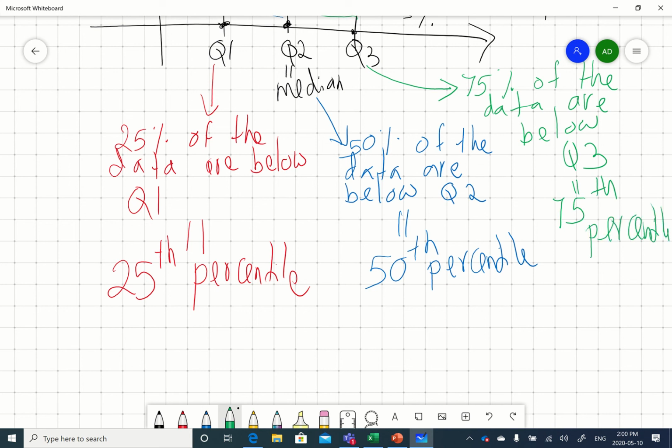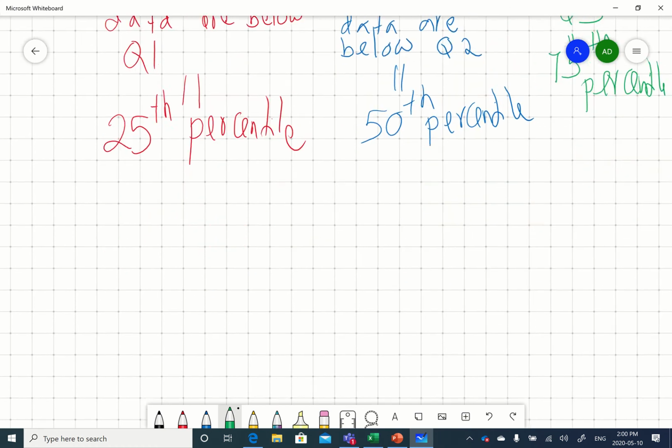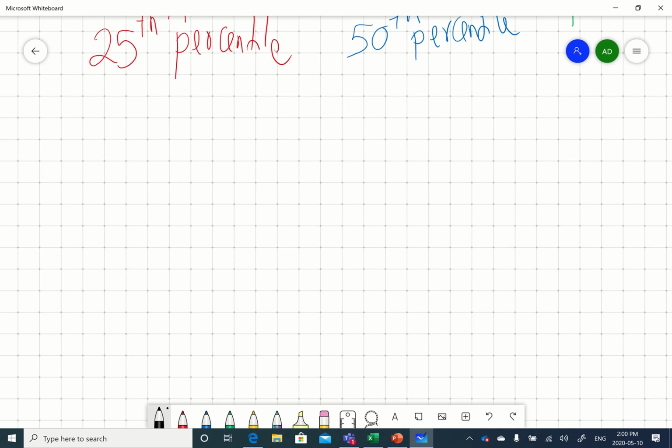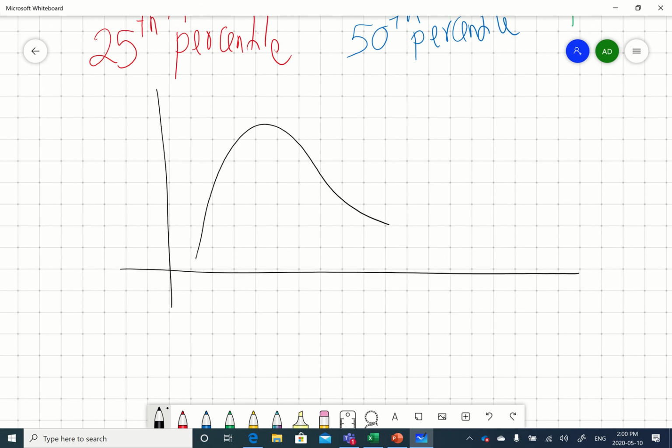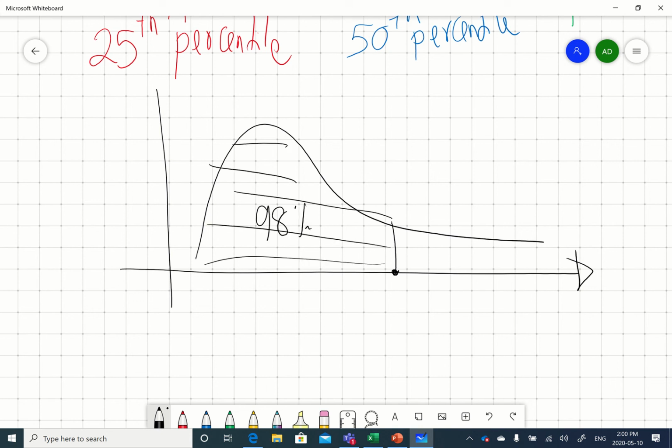If I generalize this idea of percentile, what it means in a general graph, let's say this is my frequency polygon, and I randomly pick a point over here, and let's say 98% of the data are below this point. Then this is the 98th percentile.